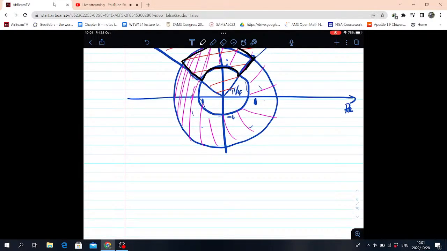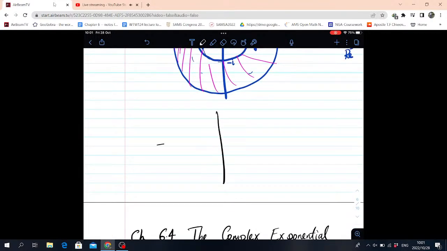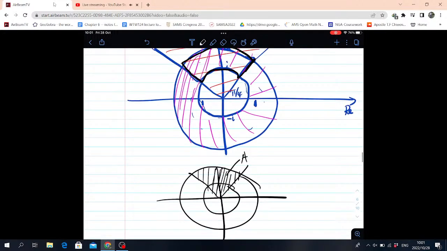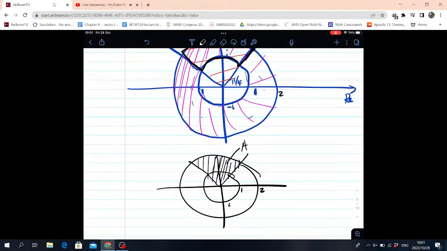So we can draw another little sketch there. So we've got 1 there, we've got 2, and then that. So we are talking about this region over there. This is what is A. You can label 1, 2. You can label minus i, minus 2i.